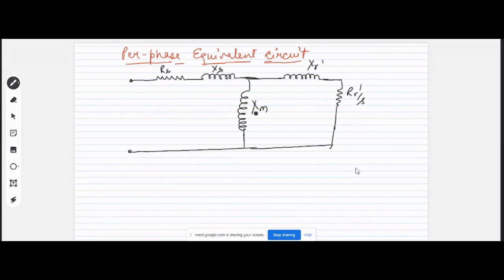Okay, I think I have already told you why we attach this S with this resistance, although your resistance actually does not vary with the frequency, right?